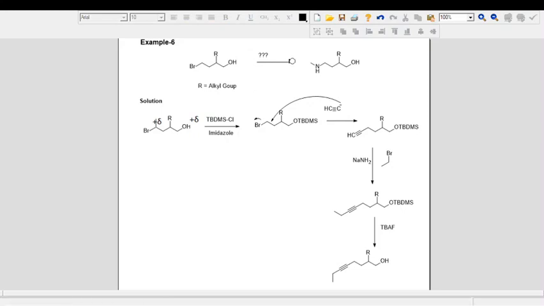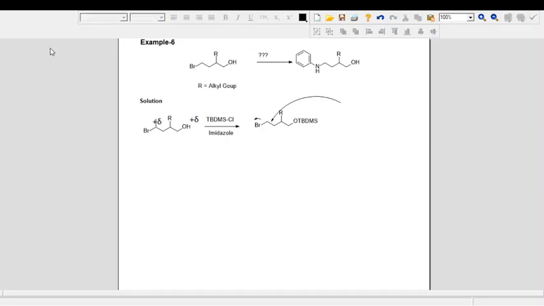This is aniline. Okay. Yes, we know that before proceeding towards our desired product formation, we must protect this hydroxyl group, and we have done the same. We have protected this hydroxyl group with the TBDMS group.